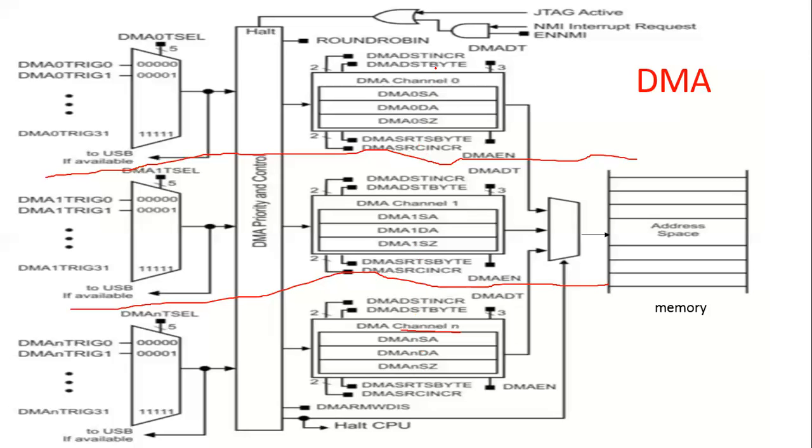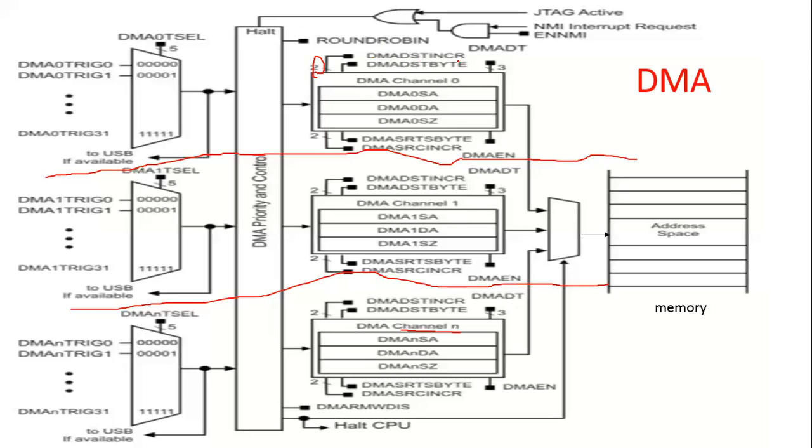In channel 0's top, you have to observe that it consists of different bits. In this DMA, DST means destination, INCR means incrementing. So 2 bits are used for DMA destination incrementing.